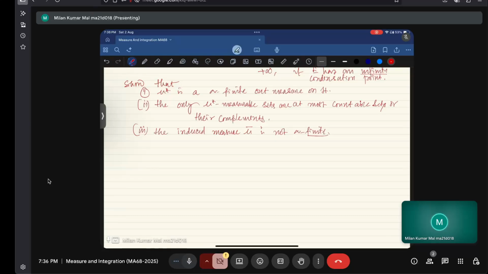So here the three facts are: mu star is a sigma finite outer measure on H; the only mu star measurable sets are either countable sets or their complements, so uncountable sets are not mu star measurable; and the induced measure mu bar, which is of course on the measurable sets, is not sigma finite.